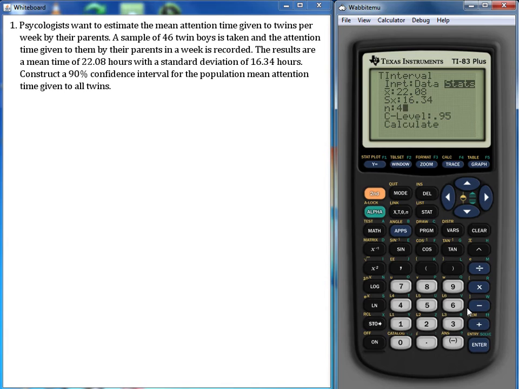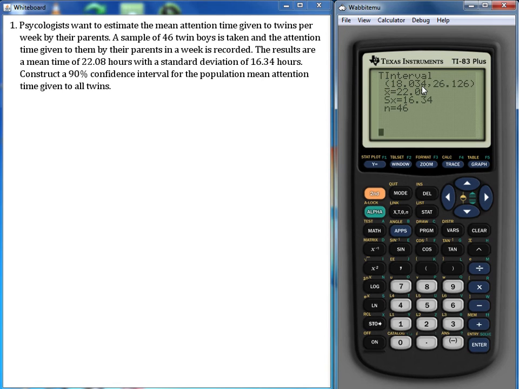And the sample size was 46. We were given a 90% confidence level to work with. So we'll input that and hit calculate. And that's going to give us the endpoints of our confidence interval. So we now have the endpoints of our interval.